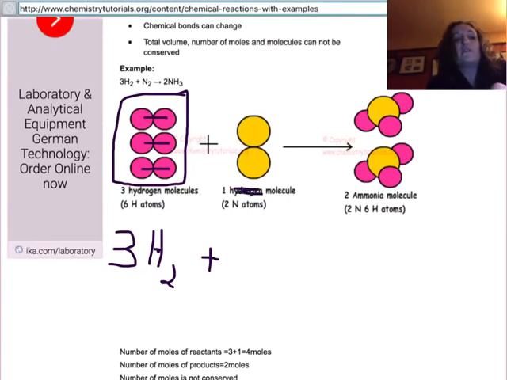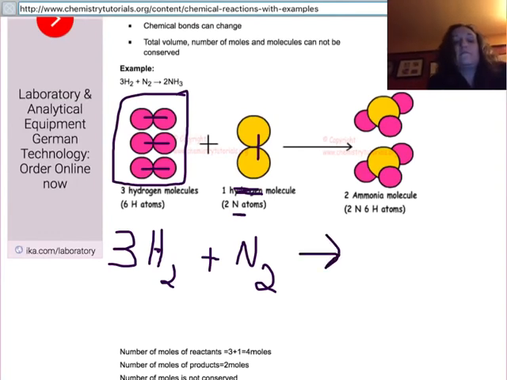That says 1 hydrogen molecule. It's supposed to be 2 nitrogen. But that's connected. So plus N2, and there's only one of those molecules. And that yields 2 ammonia molecules.